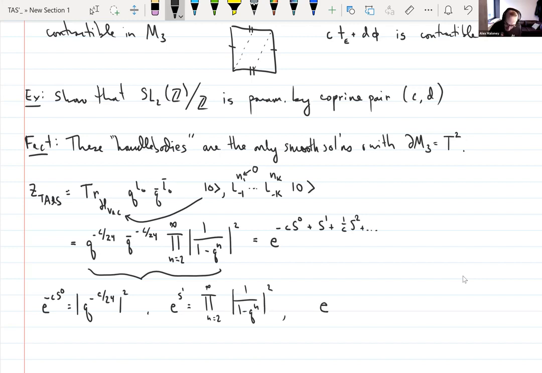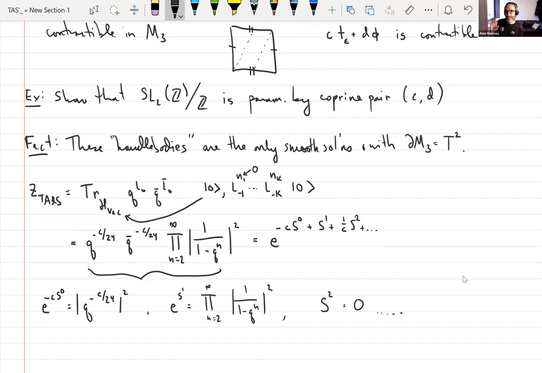And all of the higher loop terms vanish. So we conclude that the path integral of general relativity in AdS with these boundary conditions is one-loop exact.